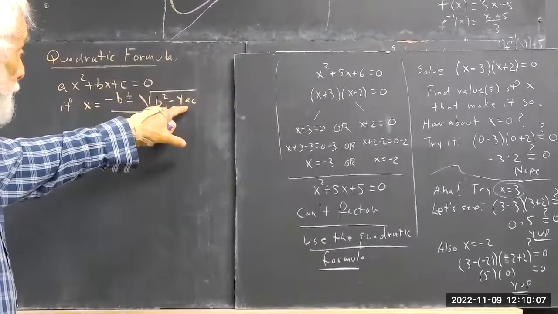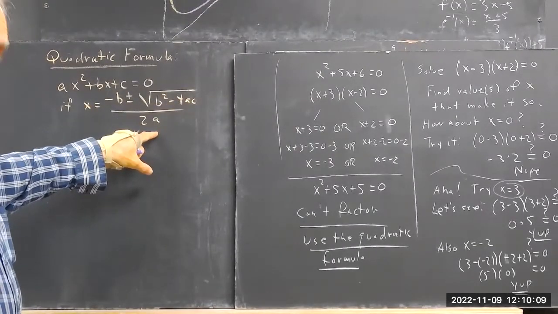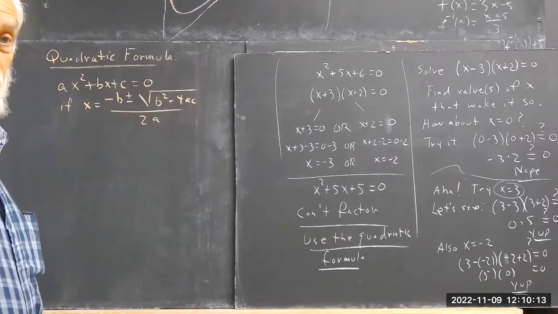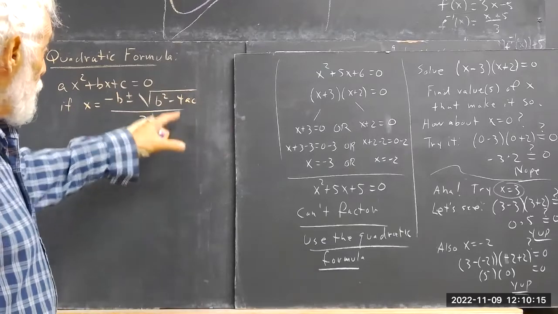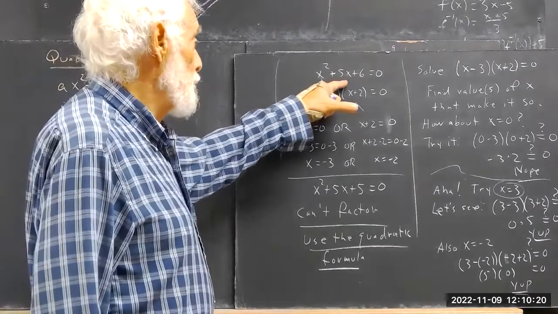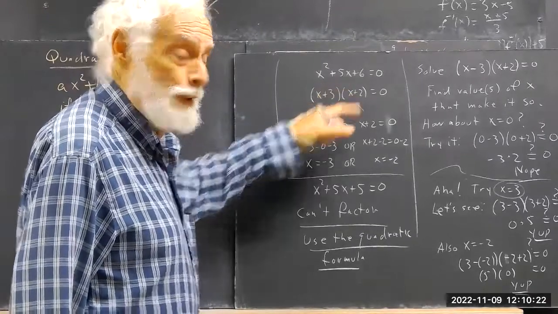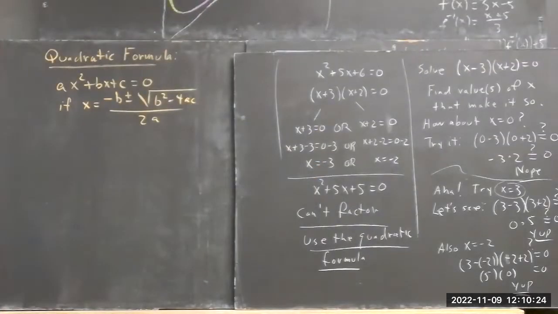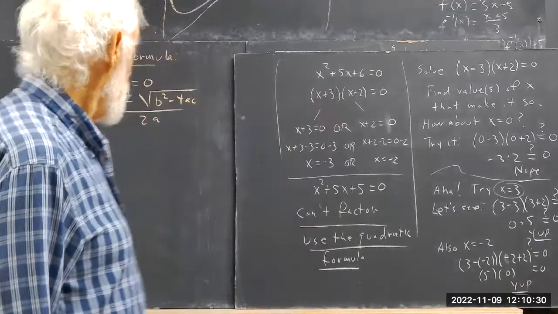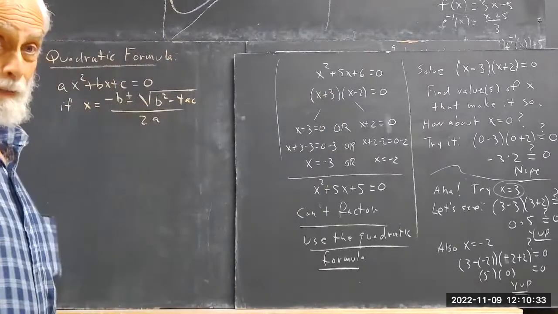Did you put a 1 in here and a 1 in here? You're going to write this thing down using the values of A, B, and C. Well, what's in front of x? 5, right? That's B. B is what's in front of x, so you're going to replace your B's by 5.